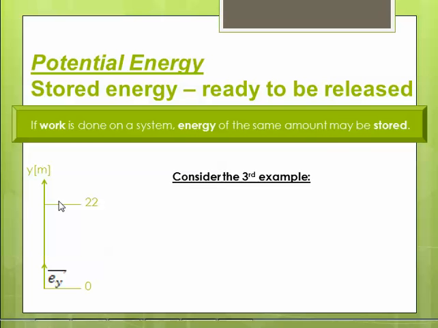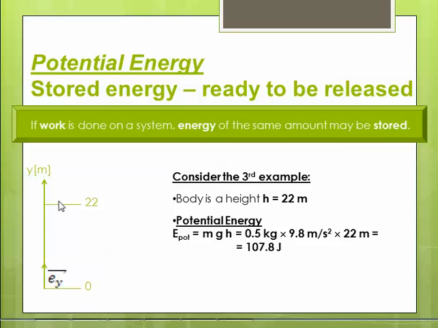So here's the third example. The body is at a height of 22 meters. Remember, by bringing it up to the height of 22 meters, we've done work on the body. Now, when the body is at a height of 22 meters, potential energy is stored.